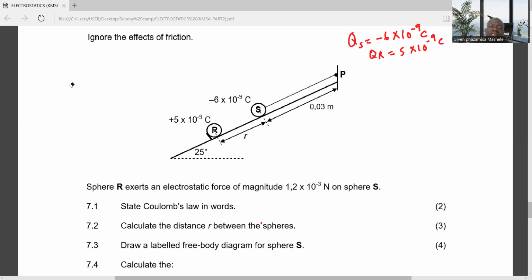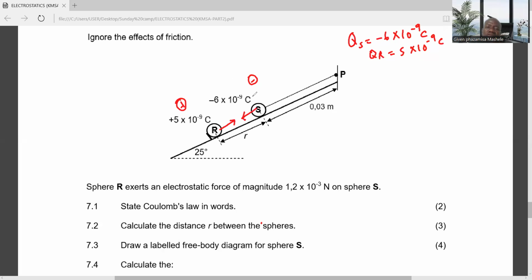Remember, let us look at the nature of these spheres. Sphere R is a positive charge and sphere S is a negative charge, so they will have an attraction: same force but in opposite direction.